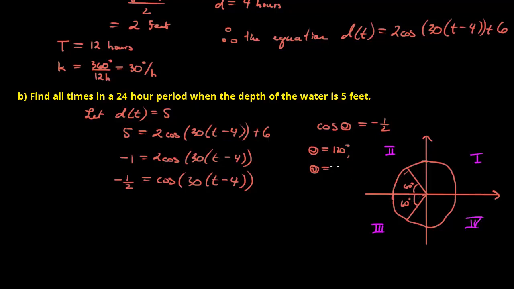So in a single revolution, theta could be equal to 120 degrees, or 240 degrees.